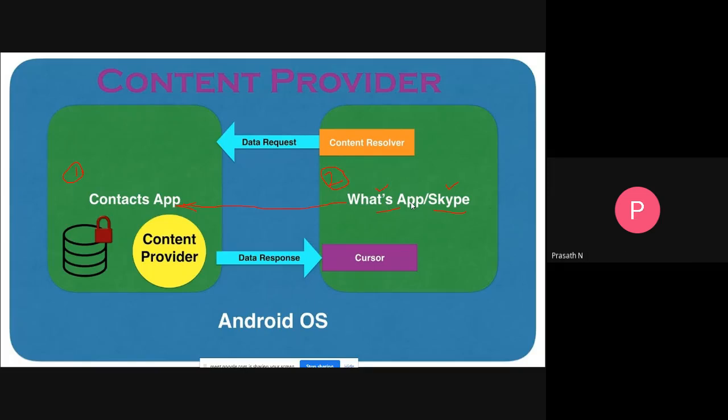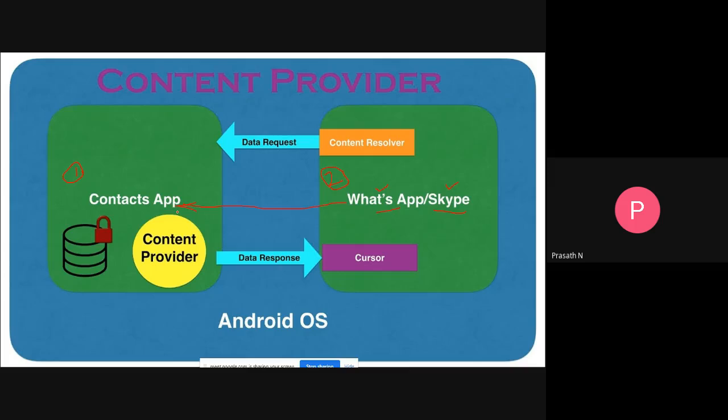So this we call a content provider, and also a data request and response model. First, the second application, which is newly installed, sends a data request to the already existing application.